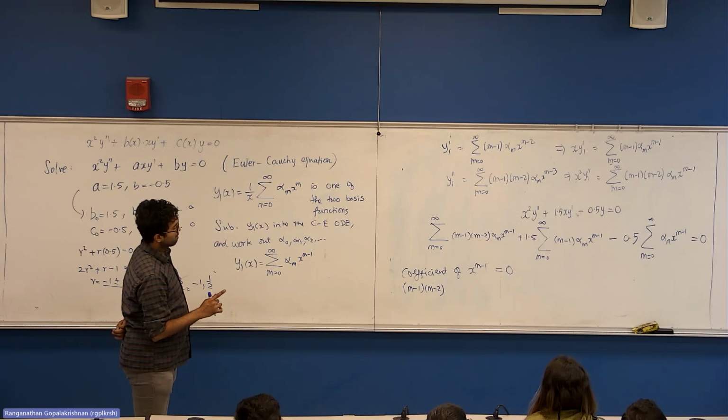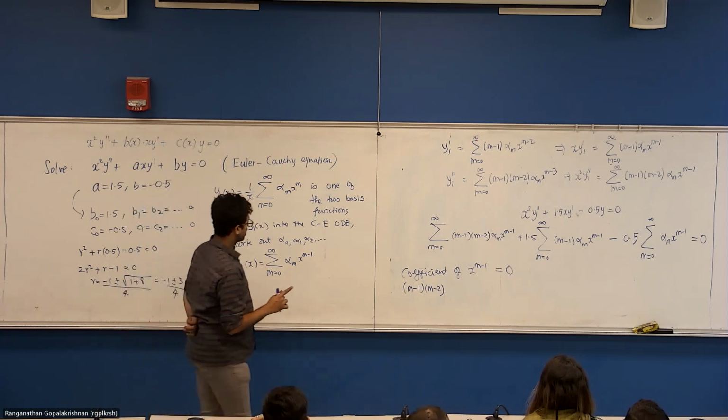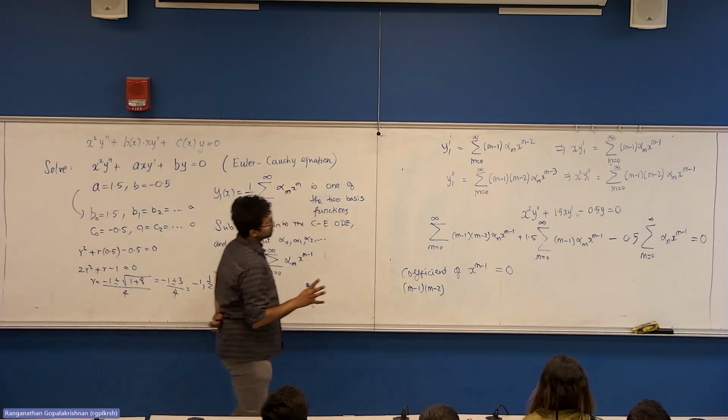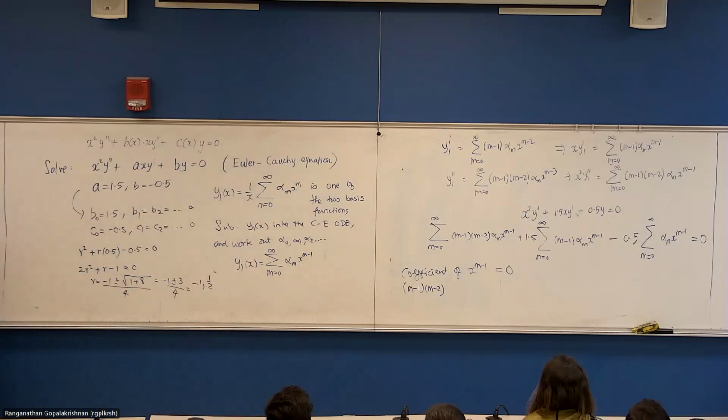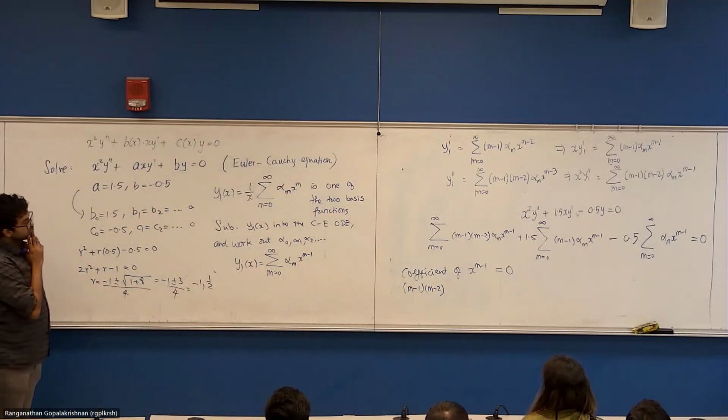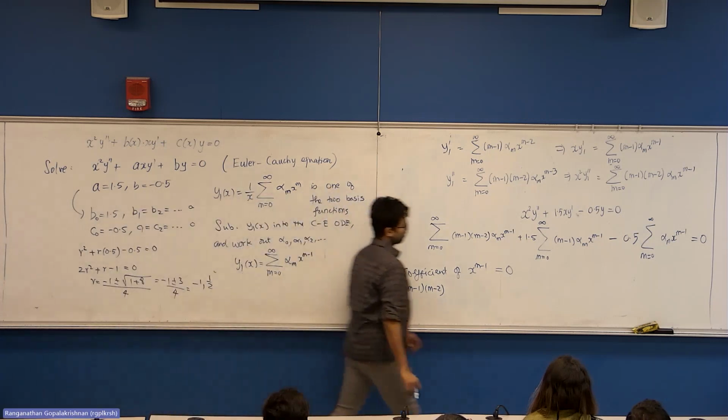That won't get us alpha m. How do you work out alpha naught? Okay, let's start with alpha naught.